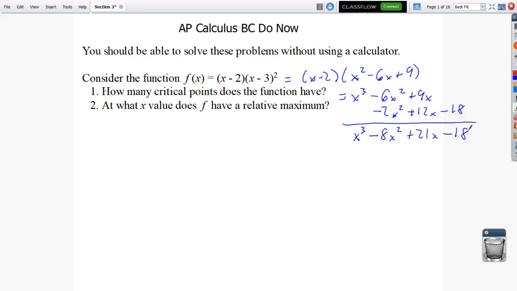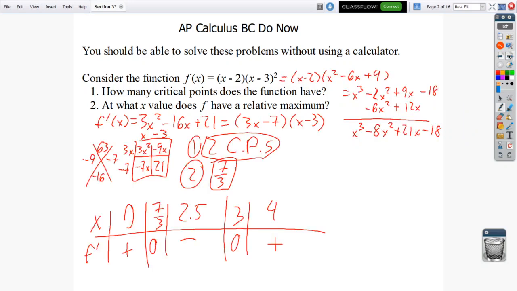And then for number 2, you really do have to analyze that. So looking over the answers, I would point out I wouldn't use this table of values to analyze the second derivative. We do see that we have 2 critical points coming out of the 3x minus 7 and the x minus 3. We should see that our 2 critical points are 7/3 and 3.